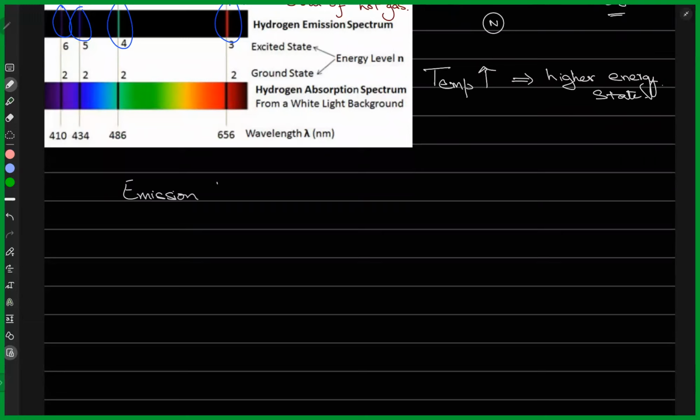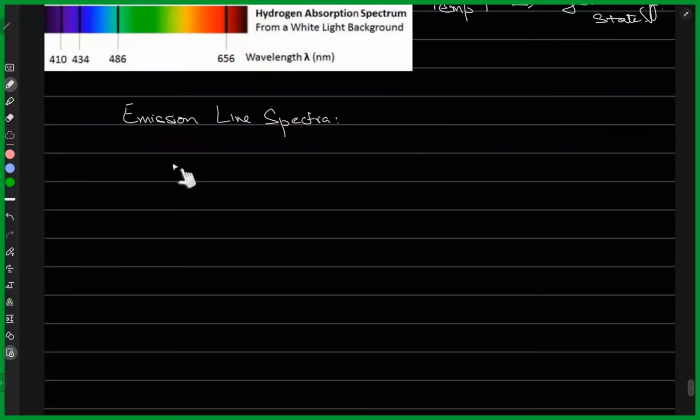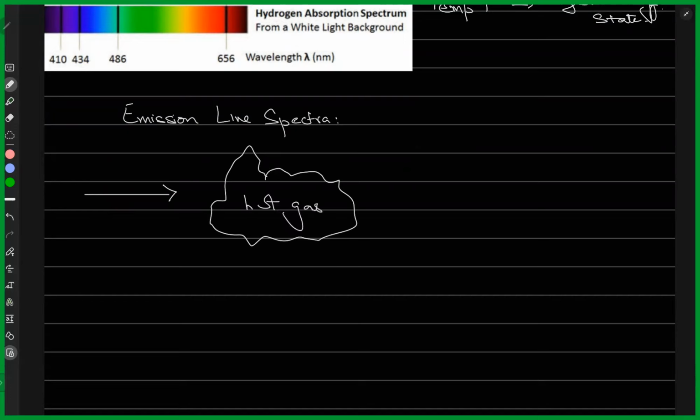Emission line spectra. What you have is a light source coming in this direction, and suppose you have a cloud of hot gas, and you need some screen to observe what you get from this.